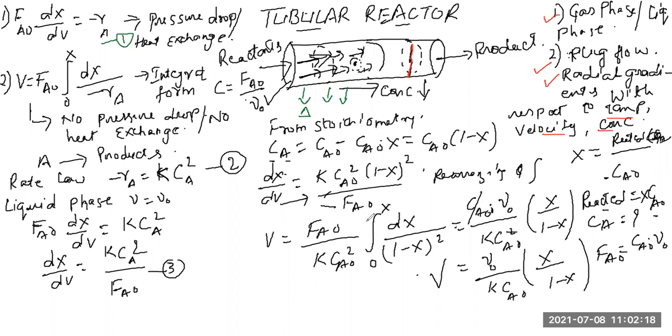The lesser the space time, the higher the performance, that is, quickly it's processing the feeds, the reactants, right? And its formula is volume of the reactor divided by the volumetric flow rate, right?